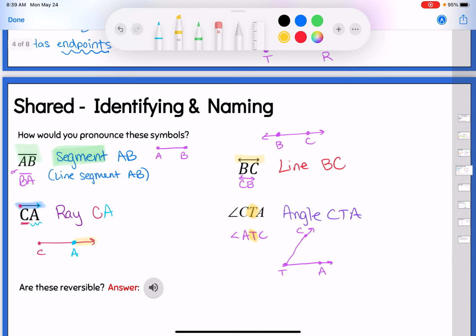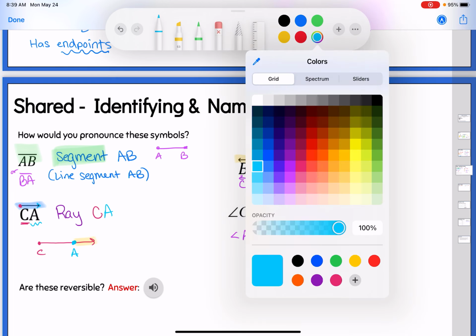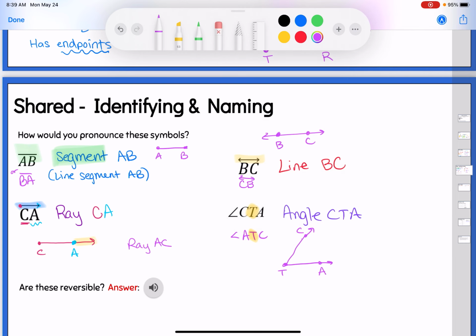So if I had ray AC, or labeling that AC like this, that means the end point is A, and it goes on forever in the direction of C. Those are not the same thing, right? Because one is stopping by C and going on forever past A, and the other is stopping at A and going on forever past C.